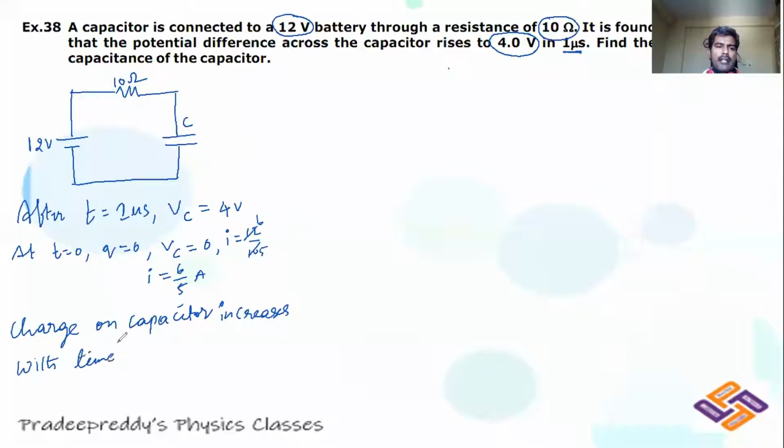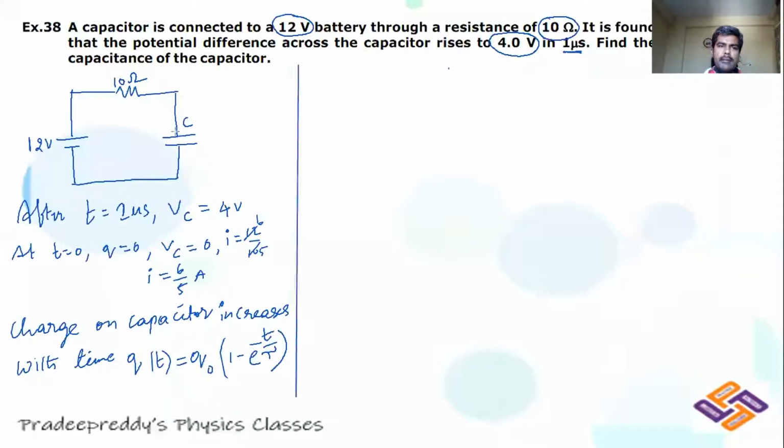As we have already learned in yesterday's class, the charge on the capacitor increases with time by obeying the equation Q of t is equal to Q naught into 1 minus e power minus t by tau. This is the expression we have to find out the charge. Now, as the charge increases, what would happen to the potential difference across this capacitor?